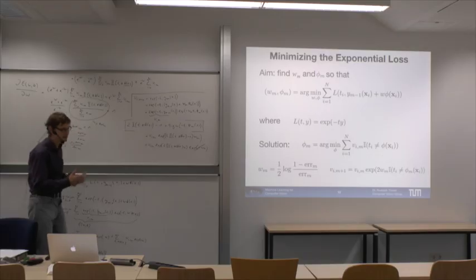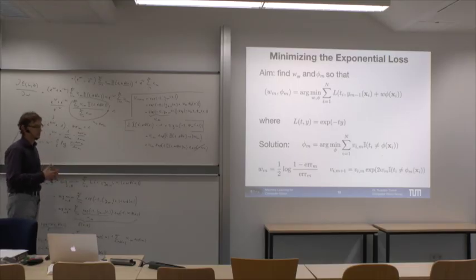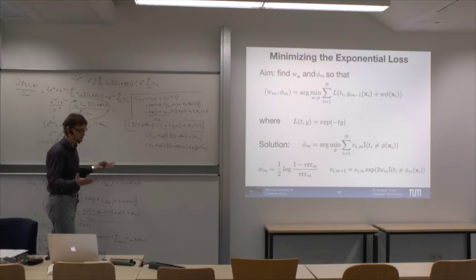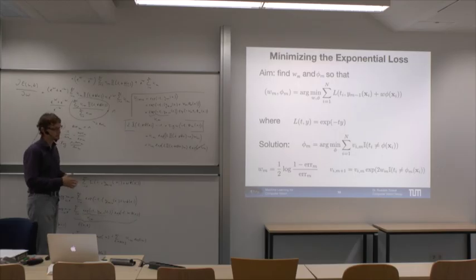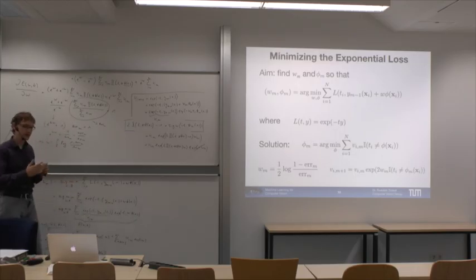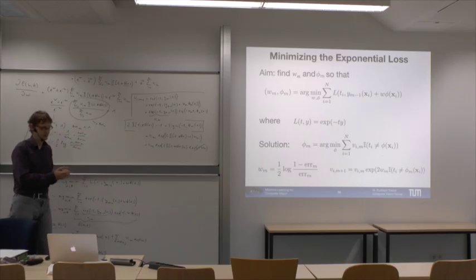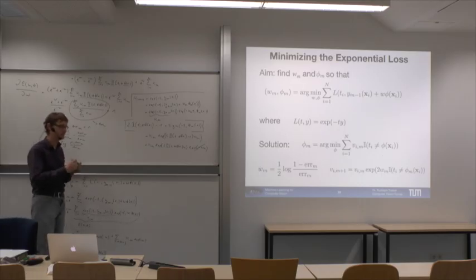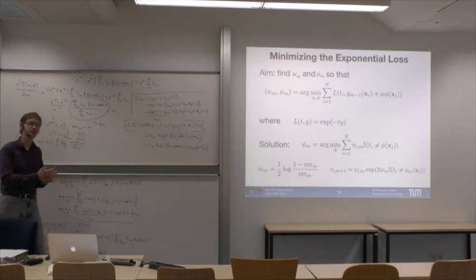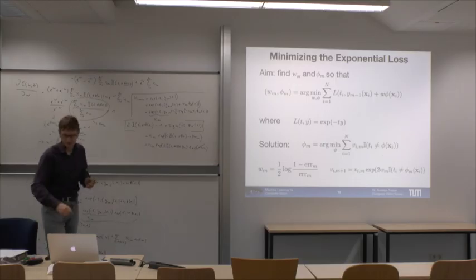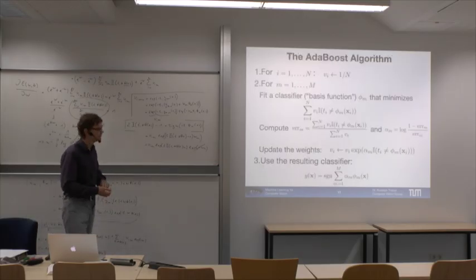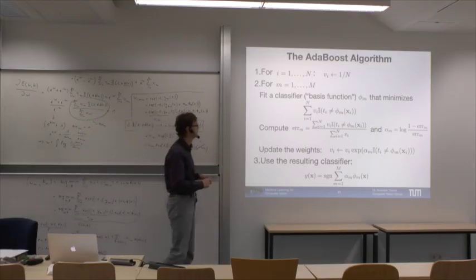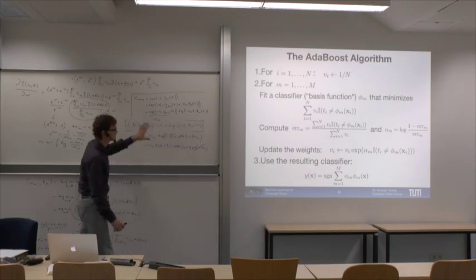And the idea behind that is just, in every training round, I add a new classifier. But then I look, where does this classifier fail? And only those cases have to be looked at in more detail in the next training round. And I do that by updating their weight. So the whole algorithm is this here. This is just a summary of Adaboost, which does nothing else than just these equations, right?